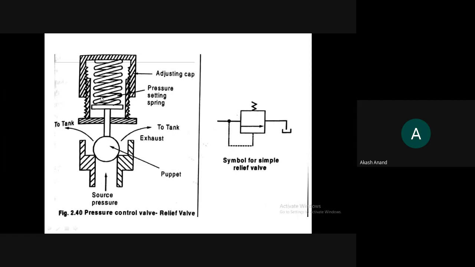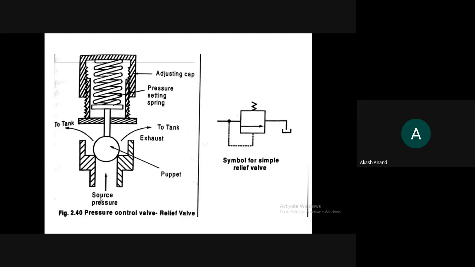It will be at a certain length. With the help of this arrangement, they are actually controlling the pressure. The adjusting screw cap is used to vary the spring force and thus to vary the cracking pressure at which the valve begins to open.